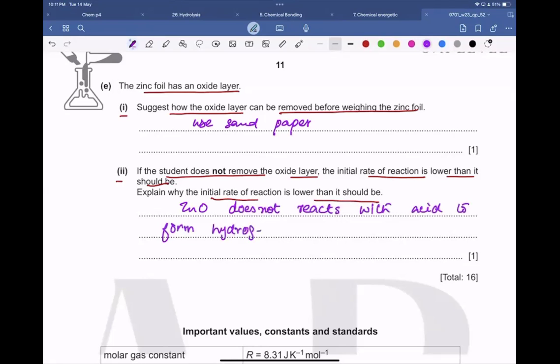Initially the reaction would occur and salt and water are formed, but we are not getting any gas. So the gas would form after the zinc oxide layer has reacted and been used up from the metal surface. Is this clear?